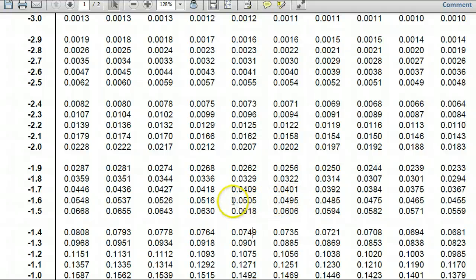Okay, so it's between these two numbers. Okay, 0.0500 is going to be between these. And you know what? I think it's actually right in the middle between these two, because this one is 5 away, and this one is also 5 away.